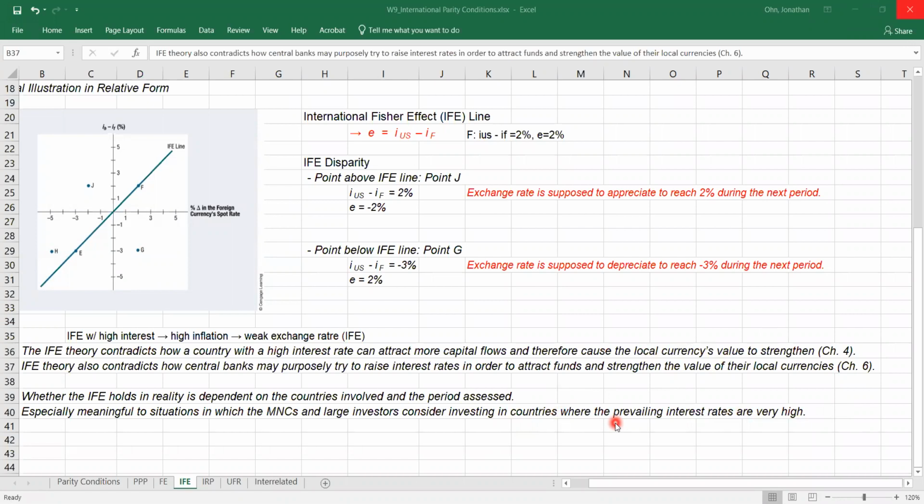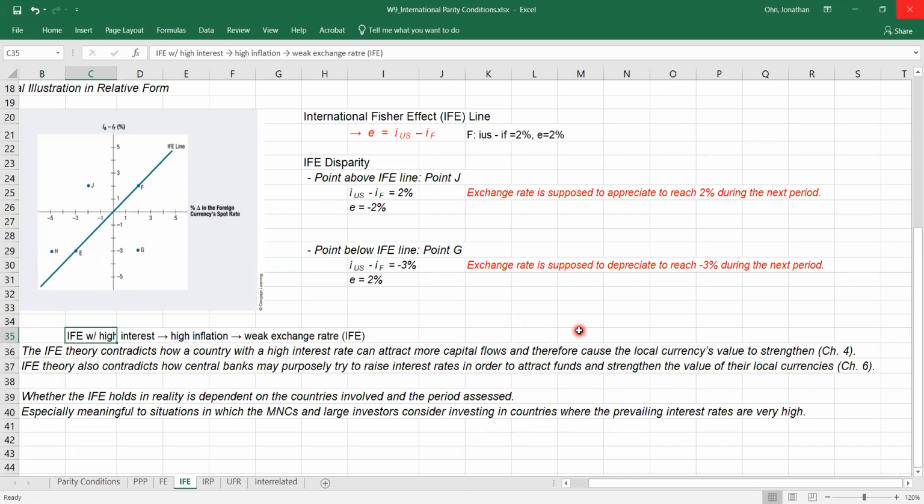If you don't pay attention to the inflation in that country, the changing pattern of inflation and match that with the interest rate, then you might not get the profit that you're expecting, because the international Fisher effect combines not just interest rate but also inflation.